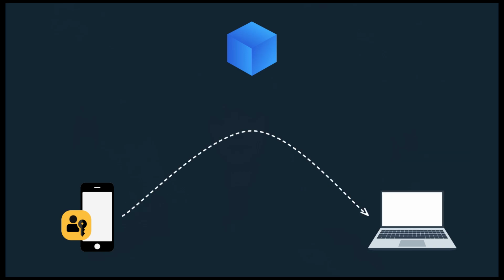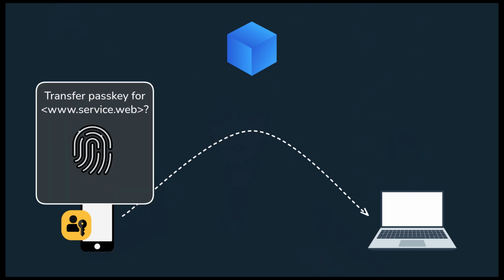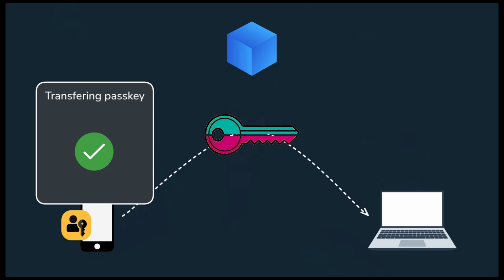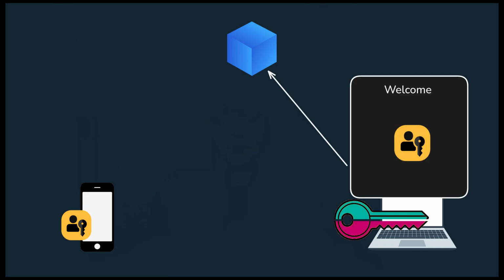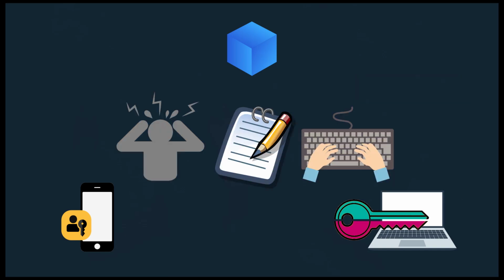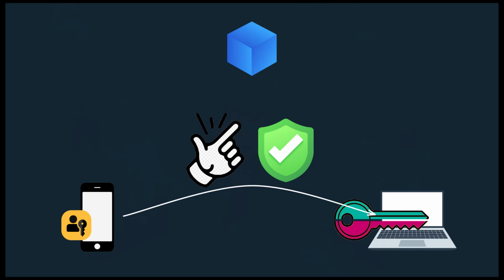This QR code proves you are in proximity of the new device and creates a short connection with your personal device. Your personal device will then ask if you want to send a new passkey to the new device. Once accepted, the new device will receive the passkey and will be able to log into the service. No need to copy passwords over or type them out. Passkeys transfer swiftly and safely.